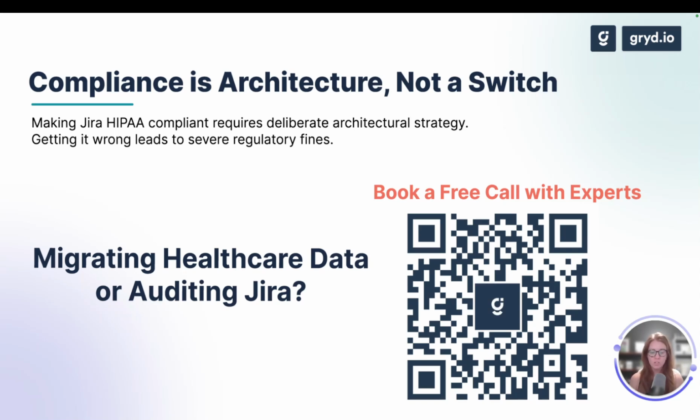Now, I wanted to answer a question that had come up, and it's a good one: can't we just hide the custom fields that have PHI so we don't have to worry about it? They can't see it, they don't have access to it, because the field's hidden. Field configurations hide data from just the screen, but not from the database, not from your API.